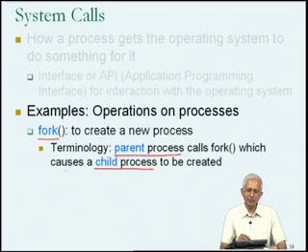So in this particular example, the parent process calls fork, which is a request to the operating system to create a new process, and the new process which comes into existence is the child process. So a single parent process can have multiple child processes. Any child process will have only one parent process, which is the process that caused it to come into existence.